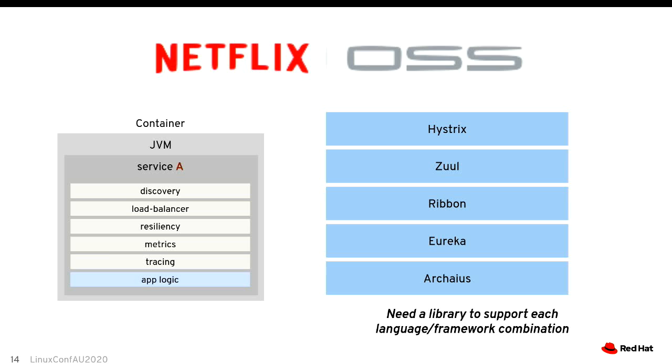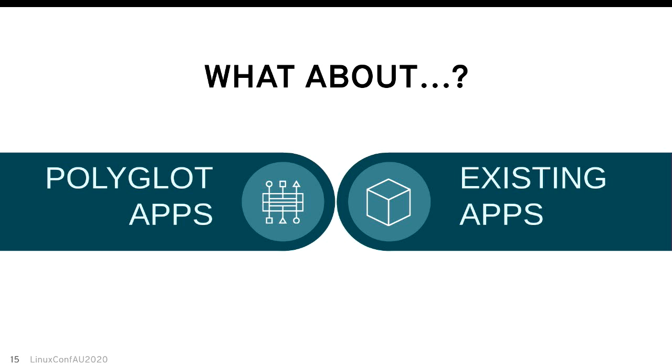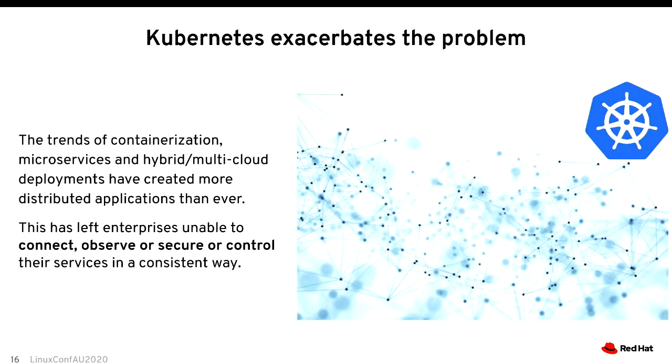Thanks to Netflix, most of these are actually open source, right? Other enterprise vendors are able to contribute and make it part of their existing commercial applications. And we don't want to look only at newer applications or applications which require different frameworks. How about existing applications, right? What do you do with the existing applications?